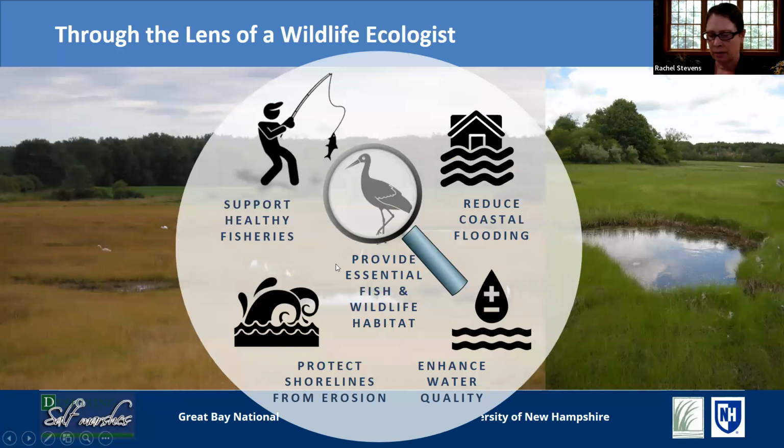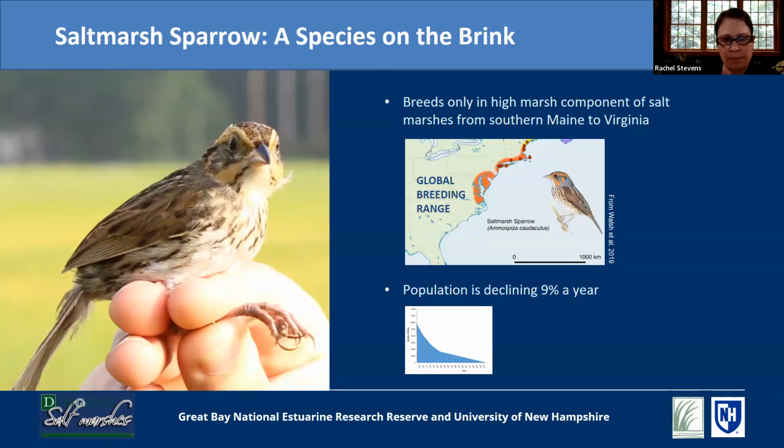And then, as Dave said at the beginning, salt marsh provides multifaceted functions to us, most particularly helping with shoreline erosion and reducing coastal flooding. But looking at restoration design and salt marshes through the eyes of a wildlife ecologist, and particularly looking at birds, one in particular that we're concerned with is the salt marsh sparrow.